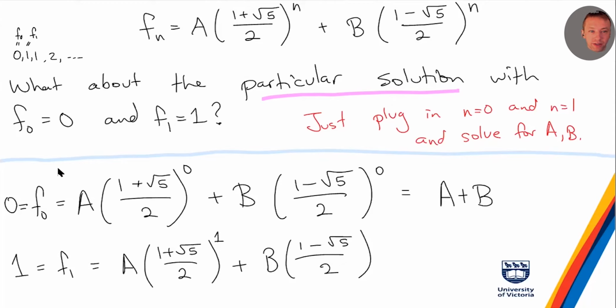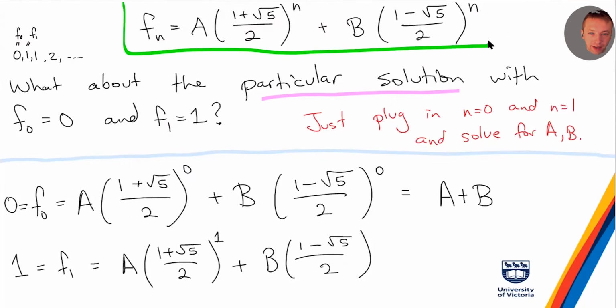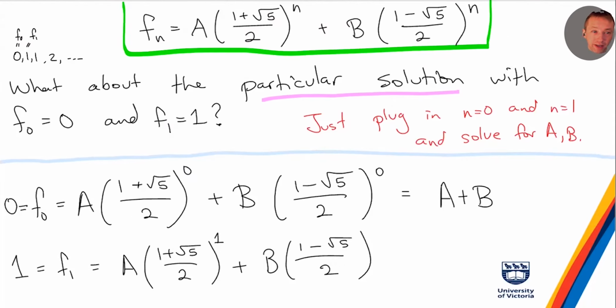This is our general solution. And like I said, to get a particular solution, all you do is plug things in, and then do some algebra. If I plug in 0, then I've got a times this blah blah blah to the power 0, plus b times some other blah blah blah to the power 0.